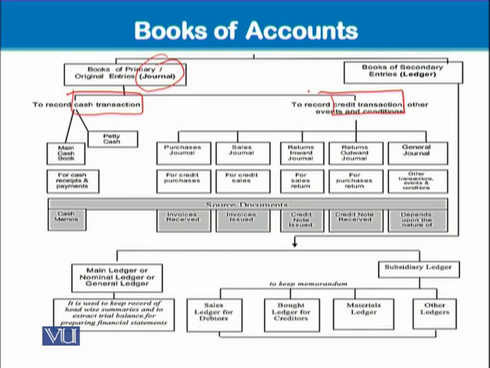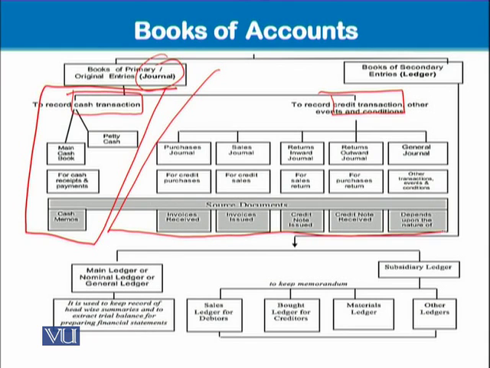So the cash transactions are recorded in a separate book system, whereas credit transactions, or you can say non-cash transactions, are recorded in a separate system. So there is a system of bookkeeping in which we record only cash transactions, and a system in which we record non-cash or credit transactions.